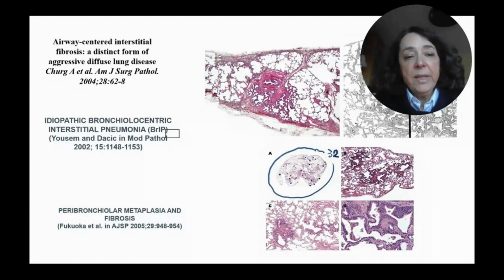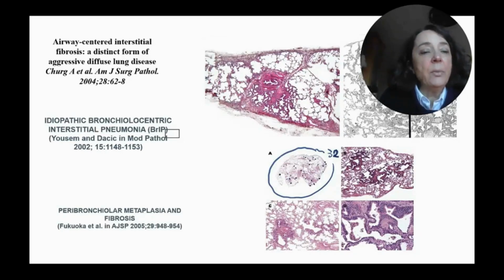So now with this pattern, you can say, okay, what I have is an entity that is affecting the centrilobular area. In fact, I remember I did a study where I had this bronchiolocentric problem, and I called it atypical UIP. And with the clinician, we all understood what we were talking about.